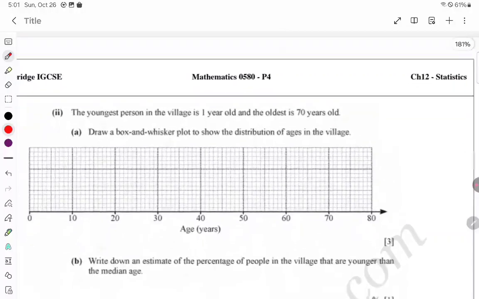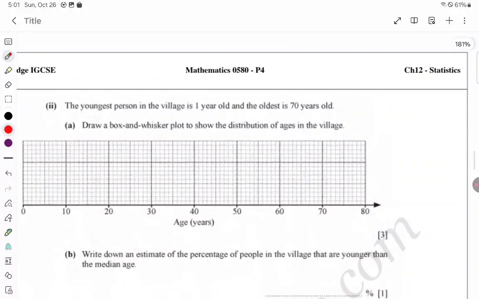Now for part 2, the youngest person in the village is 1 year old and the oldest is 70 years old. Draw a box and whisker plot to show the distribution of age in the village.